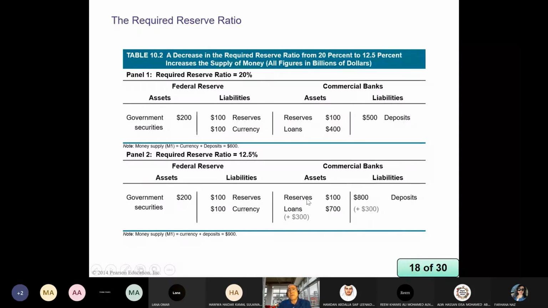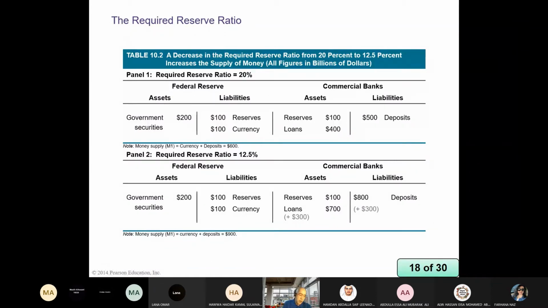Now reserves, as you see, are 100. Calculate the money multiplier. 1 divided by 0.125 equals 8. So from these reserves, total deposits will be 800 and loans will be 700.